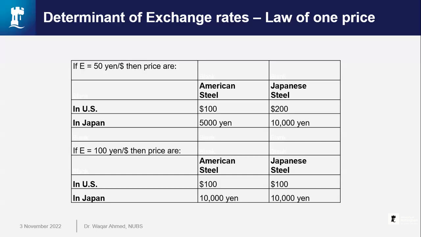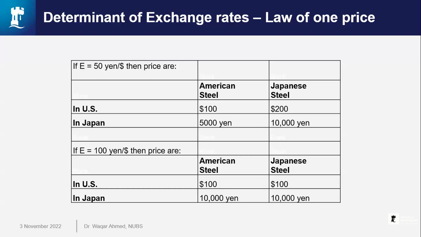So if this is the case, the law of one price would not hold. To ensure that the law of one price holds, 1 ton of steel should cost the same in the two countries, $100 each.